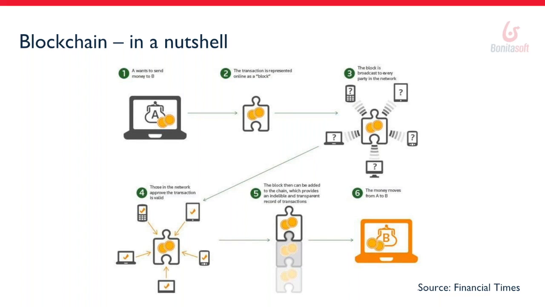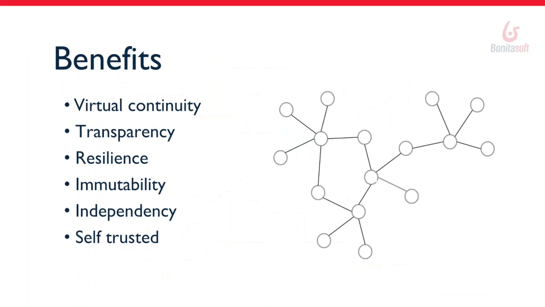And if every member of the network agrees on the validity of this transaction, it will be added to what is called a chain. The chain is an ordered list of transactions, and therefore the money will be moved from A to B. It's a really high-level explanation of how transactions happen in a blockchain.